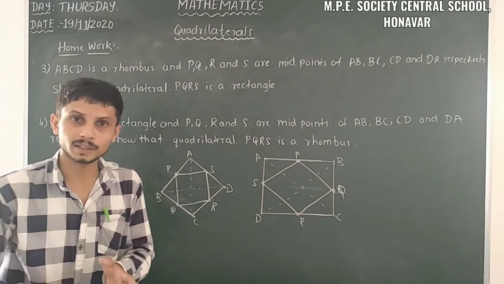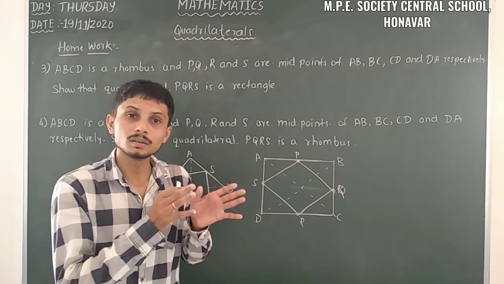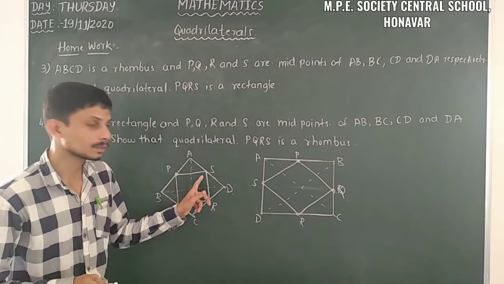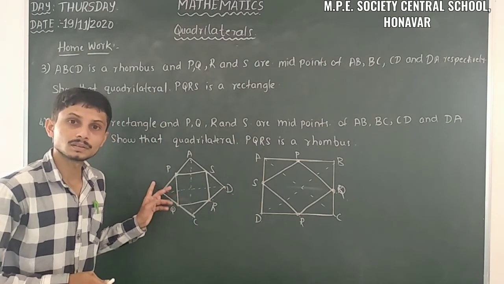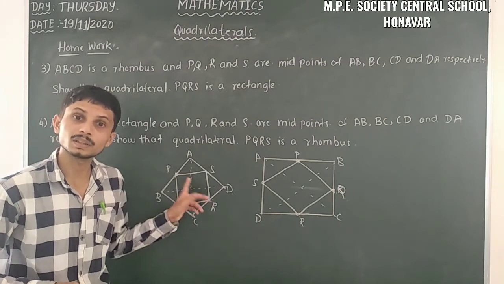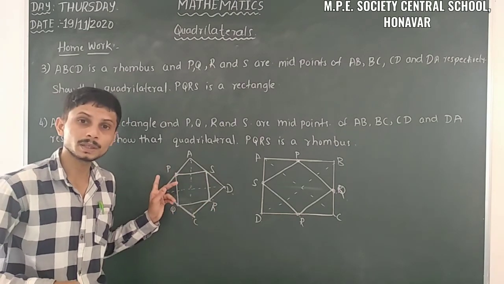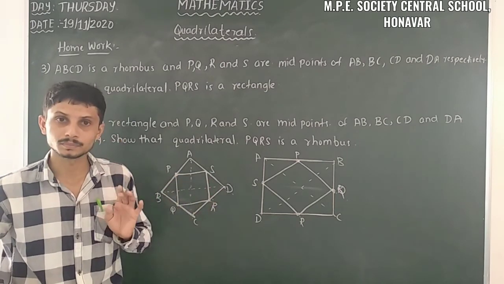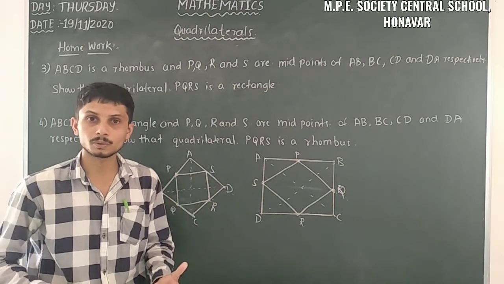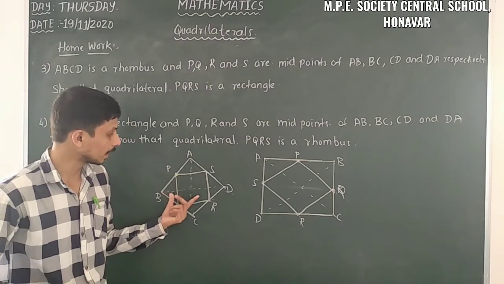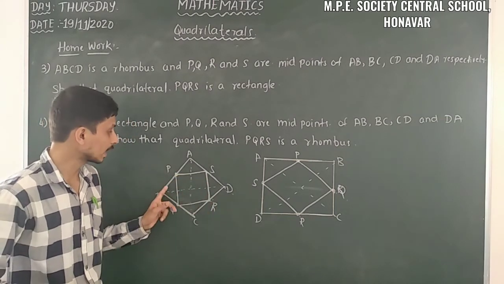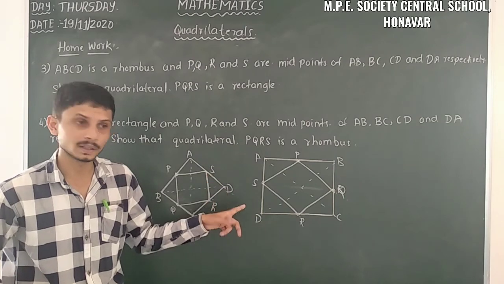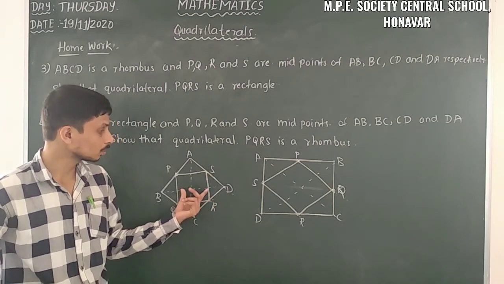So here we have to use theorem 8.9. That means if a line segment joins the midpoints of two sides of a triangle, it is parallel to the third side, so we have to continuously use that. From that we have PS is parallel to BD as well as PS is equal to half into BD. Here also QR is equal to half into BD.